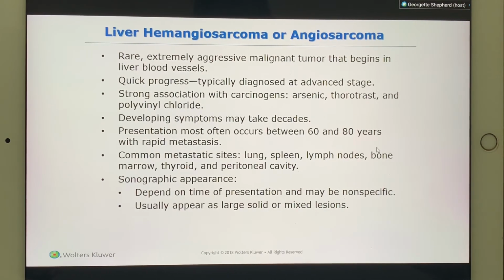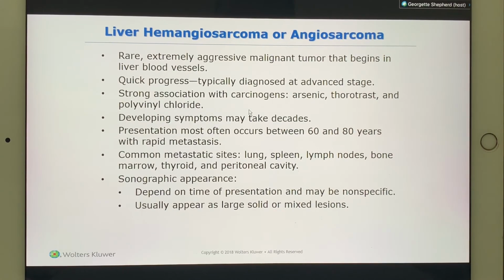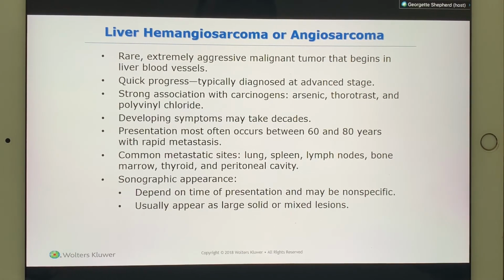It has a strong association with arsenic and polyvinyl chloride, so it comes from the environment. It happens to 60 to 80-year-olds with rapid metastasis, and it metastasizes to the lung, the spleen, the lymph nodes, bone marrow, thyroid, and the peritoneal cavity.